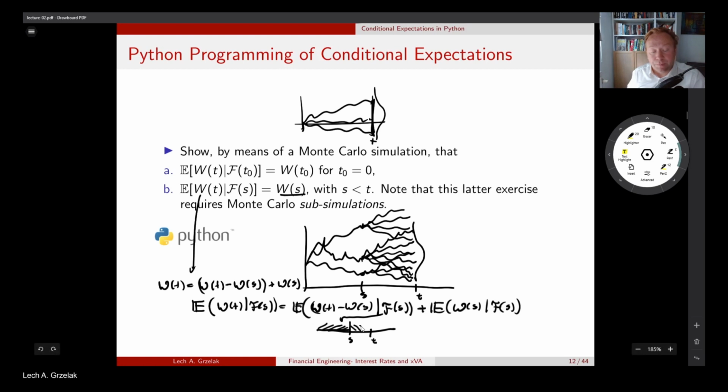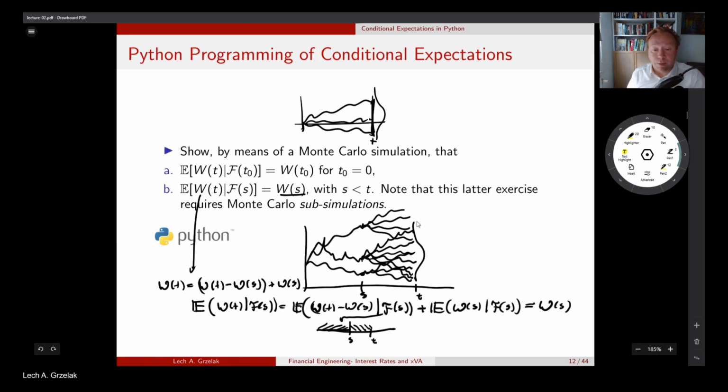As long as they are independent, so they are not intersecting, we use the property of independent increments. This means that this expectation is just 0. And here we have Brownian motion at time s conditioned on the filtration at time s, so this is simply equal to W_s.